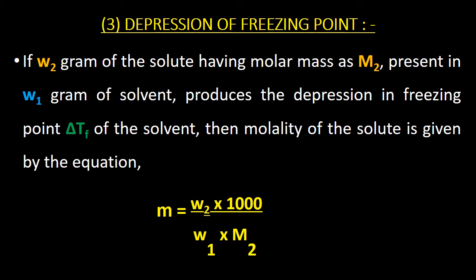The molality of the solution can be calculated using the expression m is equal to W2 into 1000 divided by W1 into M2, where W1 and W2 are the masses of the solvent and solute respectively, and M2 is the molar mass of the solute.